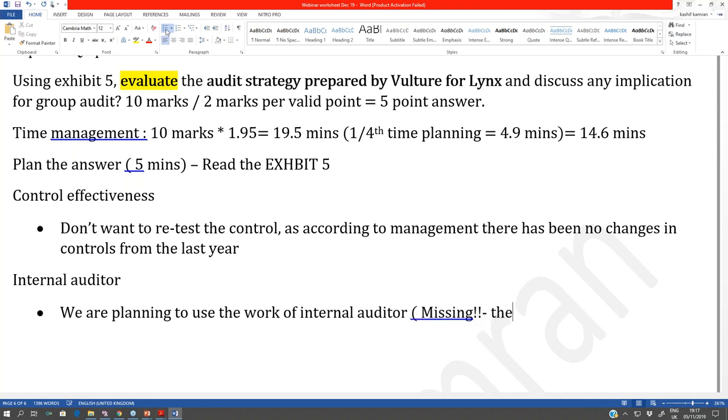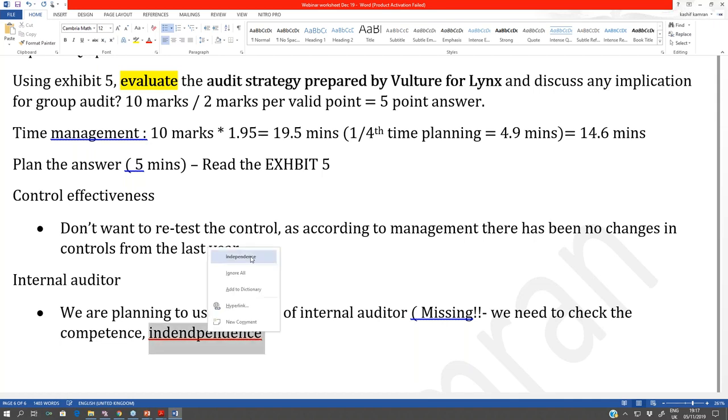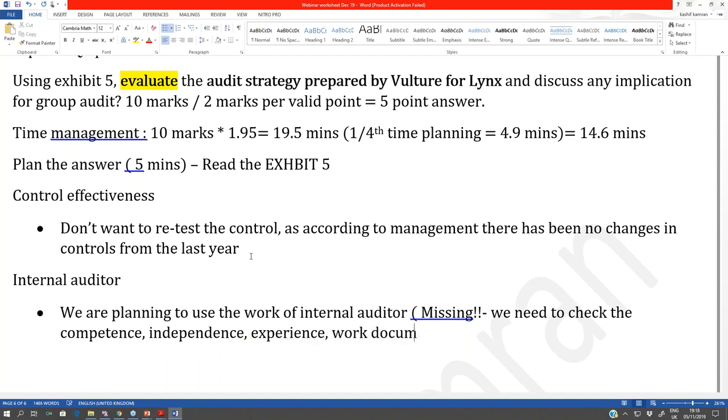We need to check the competence, the independence, the experience of the internal auditor, and we need to check the work performed and work documented, just like the expert we did today.